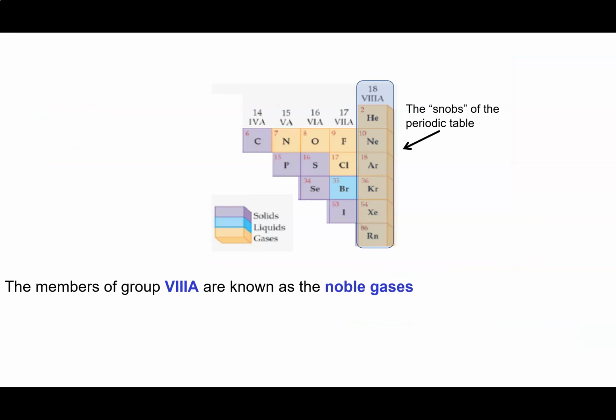Now, at the very far right of the periodic table, there's a group of elements that are all gases. They're in group 8A, and they're referred to as the noble gases because they're kind of like the nobles, the kings and queens. They don't really mix with the other elements except under extraordinary conditions. It wasn't until the 1960s that we discovered that these combine with any elements at all, when someone discovered that xenon will combine with fluorine under extraordinary circumstances.